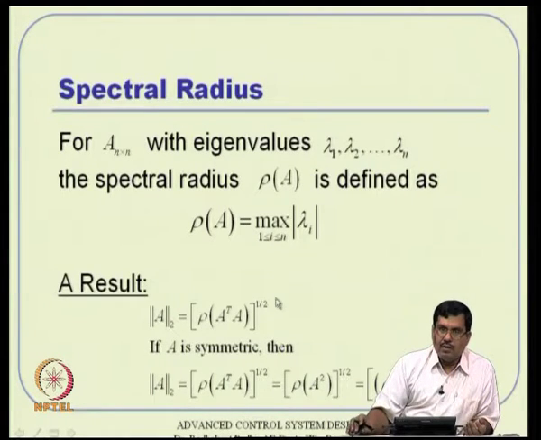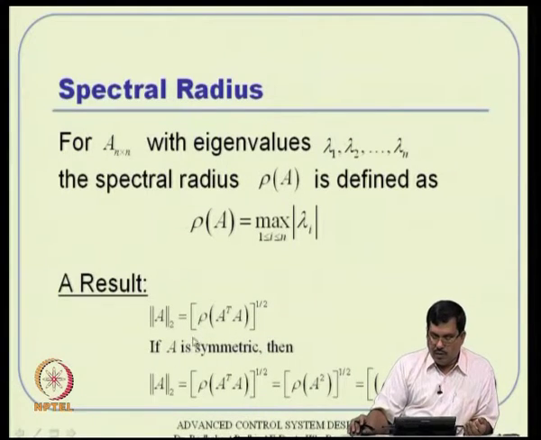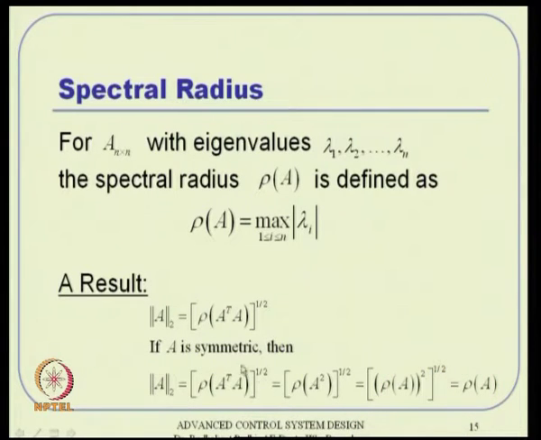Now, a standard result tells us that the two norm is related to the spectral radius that way. Okay, and if A is symmetric, then the two norm of A is nothing but that, by definition. And if it is symmetric, A transpose is also A, that means it is A square.